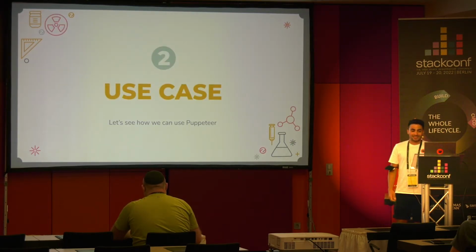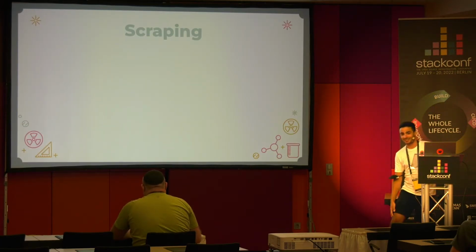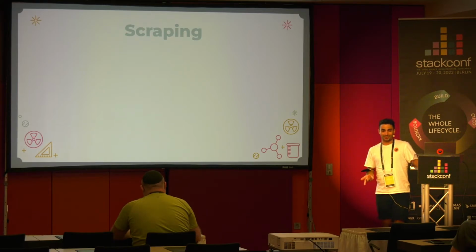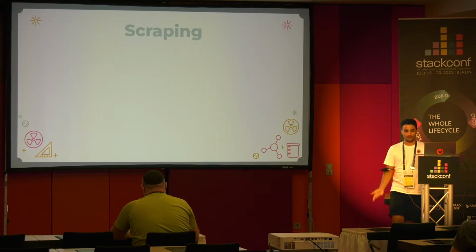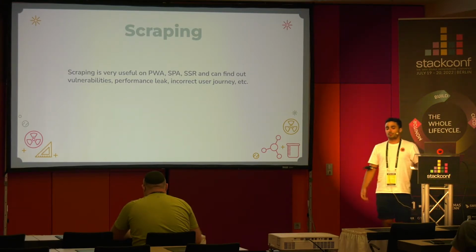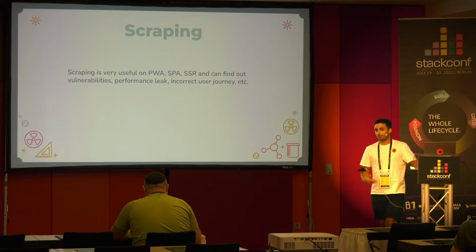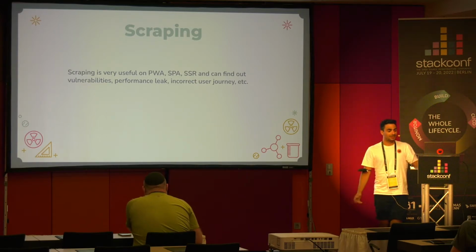So let's see how we can use Puppeteer. Scraping. I said that we can use crawling for a website. We can also use scraping for a website because we can render a page. And of course, we need to be very ethical about this, because we shouldn't scrape a whole website, or only for personal use if you need to.